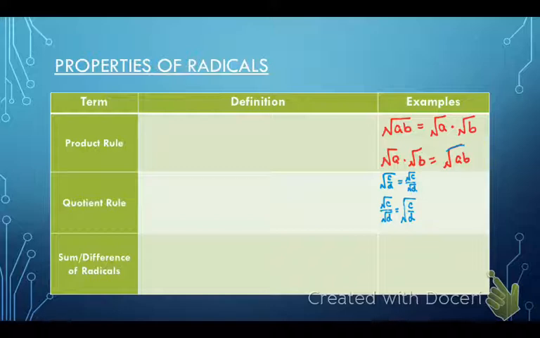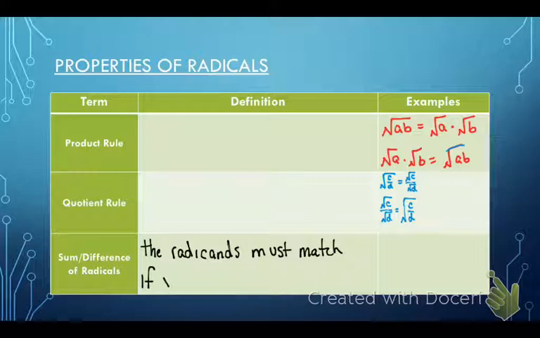So whenever we deal with the sum and the difference of radicals, you have to have the same parts underneath the radicals. Okay? So the radicands, the part underneath the radical, must match if you add or subtract.